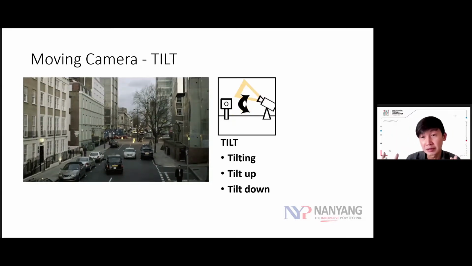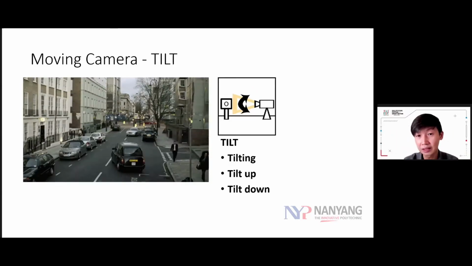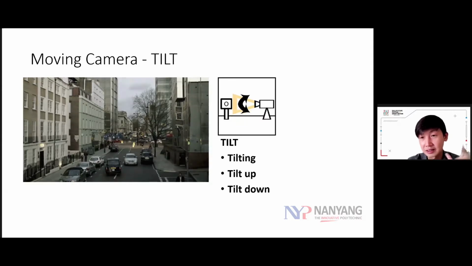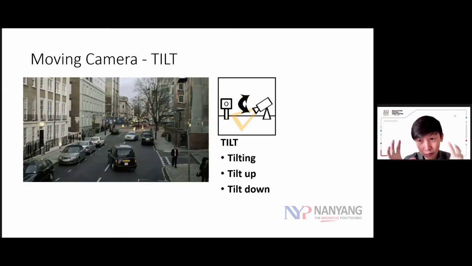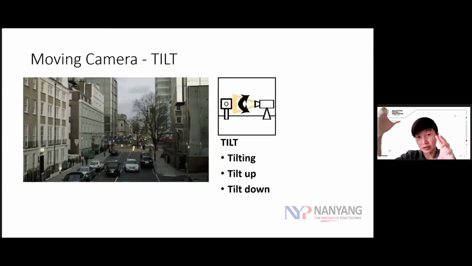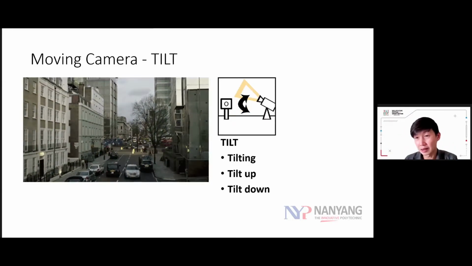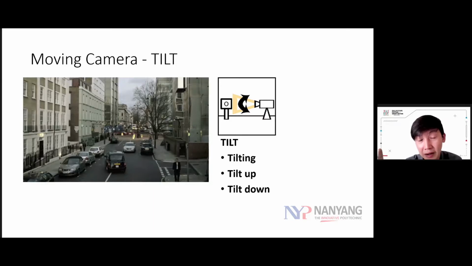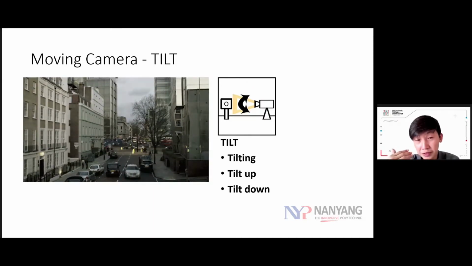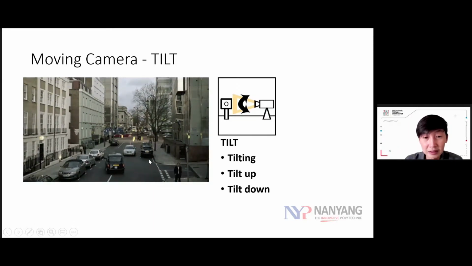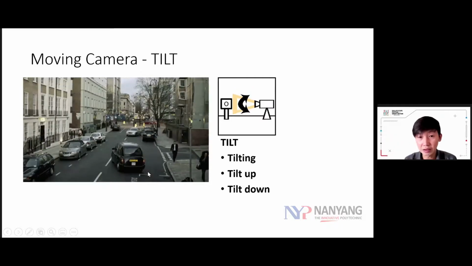That will give a different feel: wow, it's a nice place, wow, look at the nice city. Because you're on higher ground, we use the tilt to slowly establish to the audience where they are. That gives a different feeling. So these are tilts that we use to give different kinds of feeling.